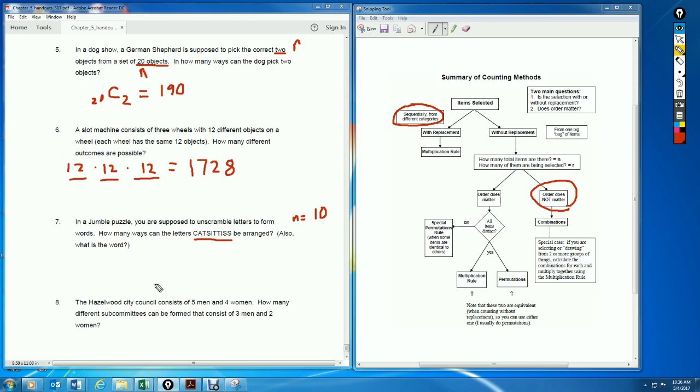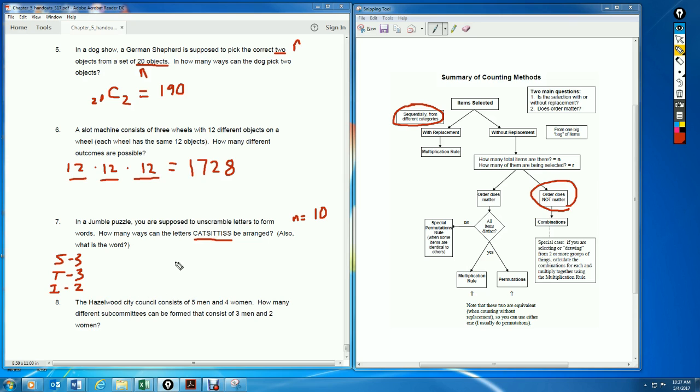Some of them are the same. So for example, there are 3 S's, there are 3 T's, and there are 2 I's. The rest of the letters, there's just 1. So we're just not going to be concerned with those.